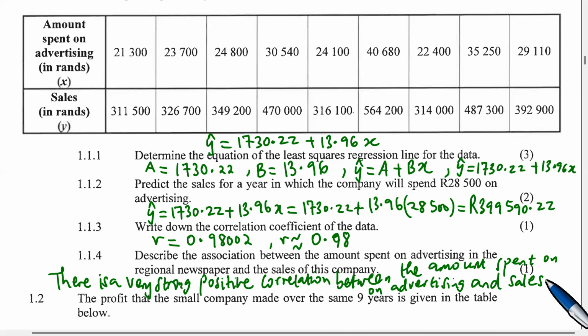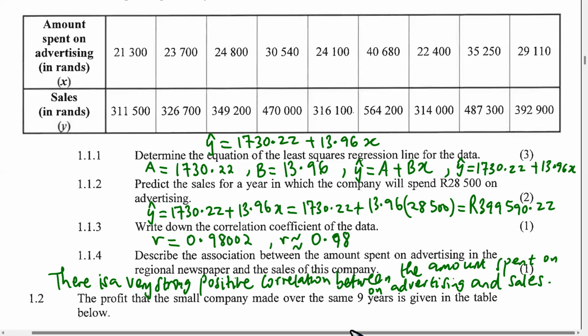Okay, why do we say that? Because this is close to 1, 0.98 is close to 1, so it's a very strong positive. It's positive, so a strong positive correlation between the amount spent on advertising and sales.